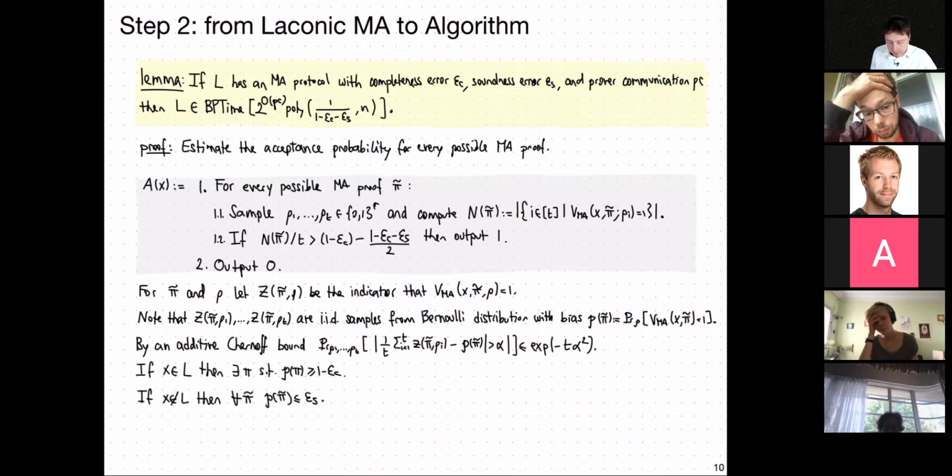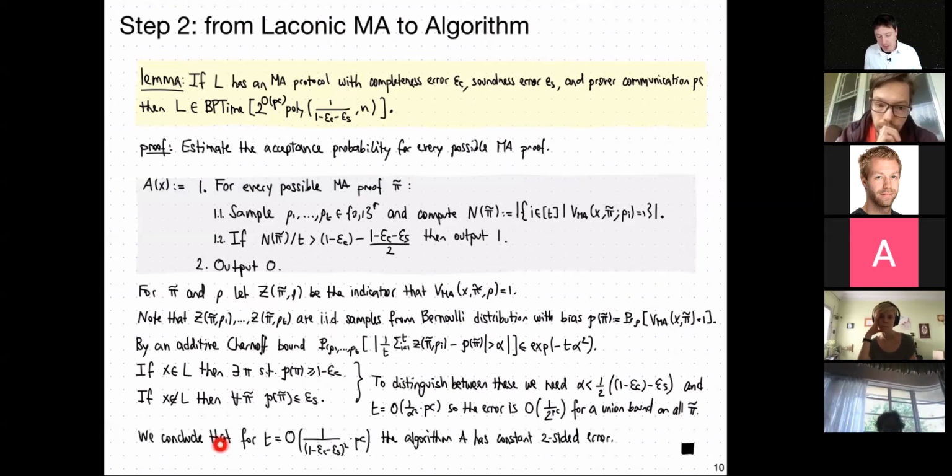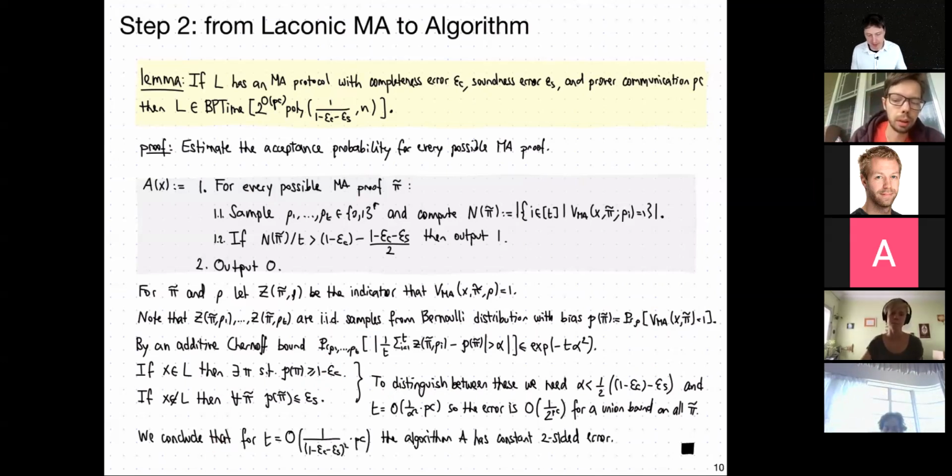And we do know that the correct probability is at least 1 minus epsilon c if x is in L, and at most epsilon s if x is not in L, which means that to distinguish these two cases, we just need the additive distance to be less than half the difference between these two cases. And that's exactly where this expression comes from. So again, it's just a direct application of Chernoff bound. It's like statistical estimation.